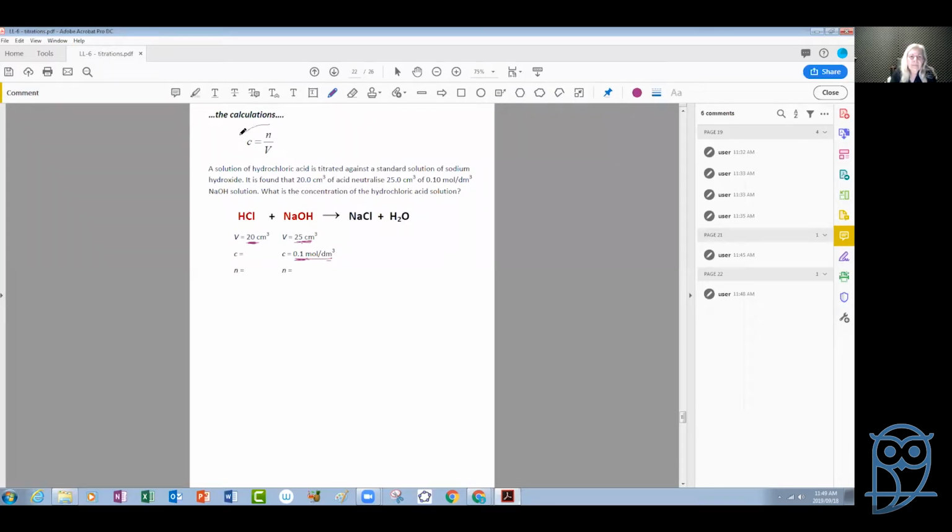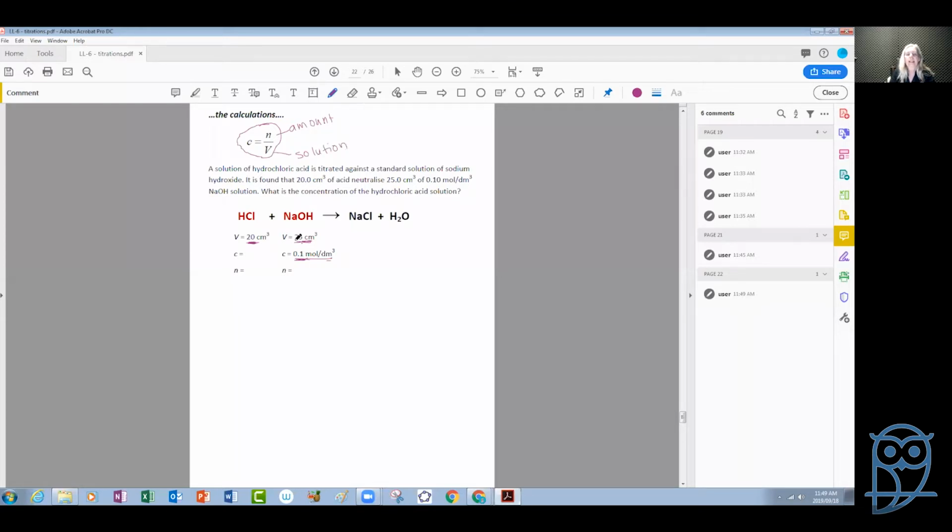What is the formula that we have learned about concentration? Concentration of a solution is equal to the amount of solute in the solution divided by the volume of the solution.